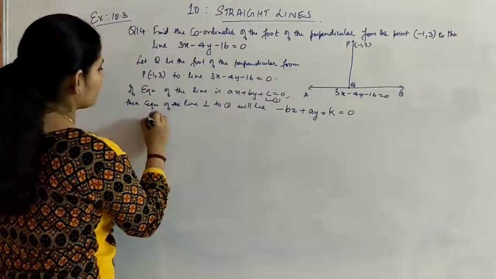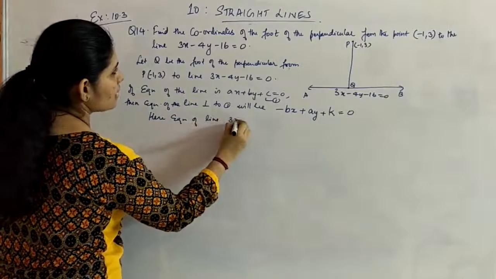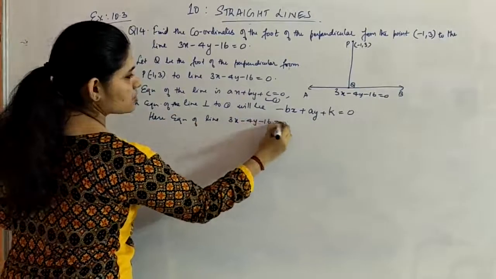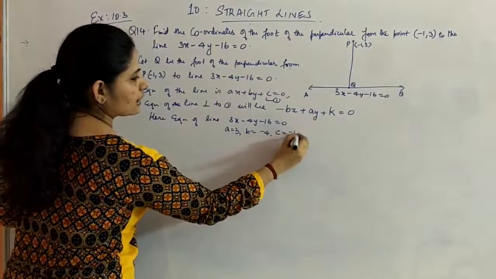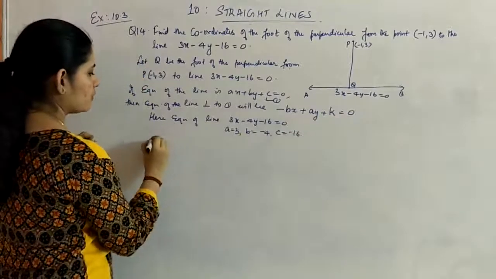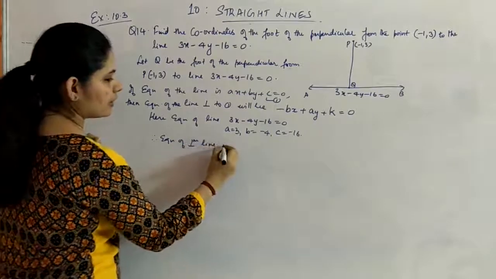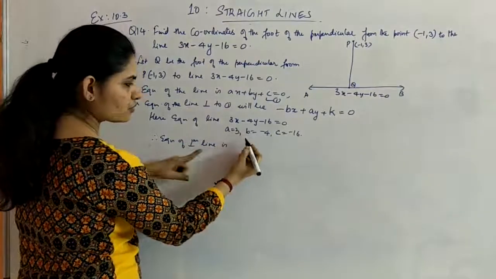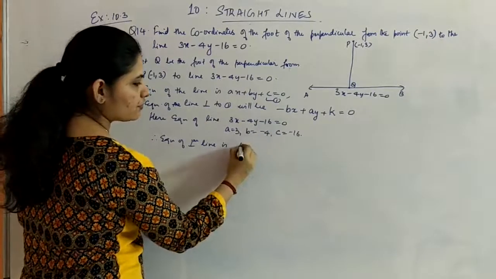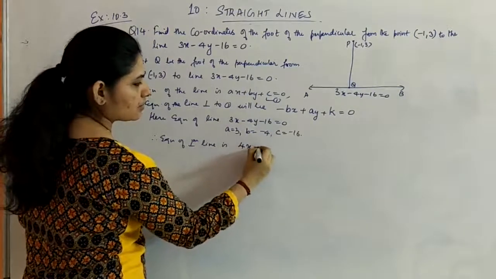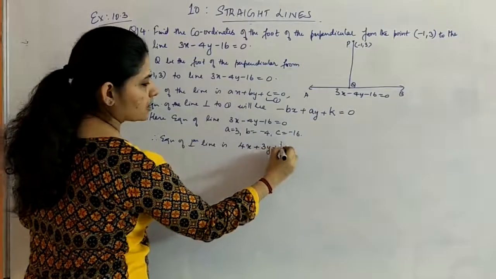Now here the given equation of the line is 3x - 4y - 16 = 0. That means a is 3, b is -4 and c is -16. Therefore the equation of the perpendicular line will be: take the negative of the coefficient of y, so it will be 4 into x, plus the coefficient of x, which is 3, into y, plus k equal to 0.